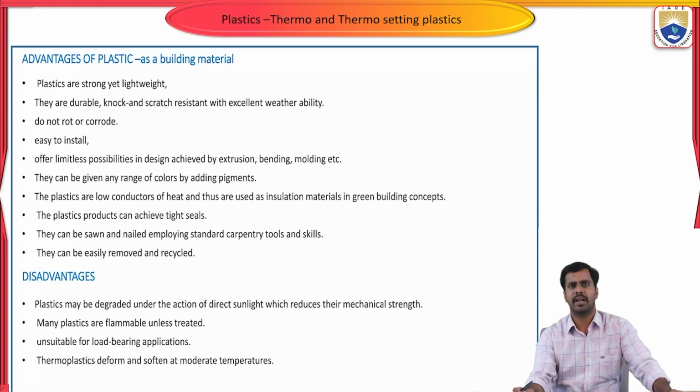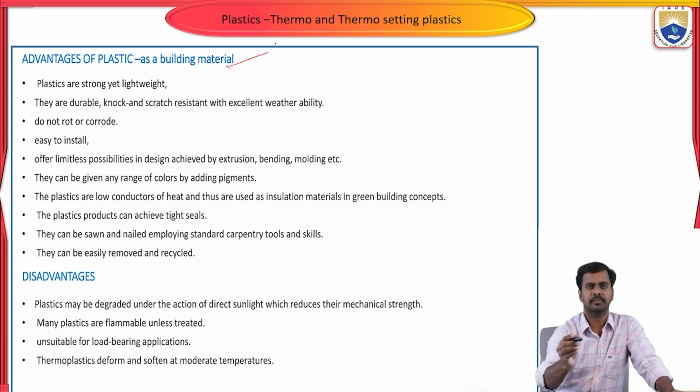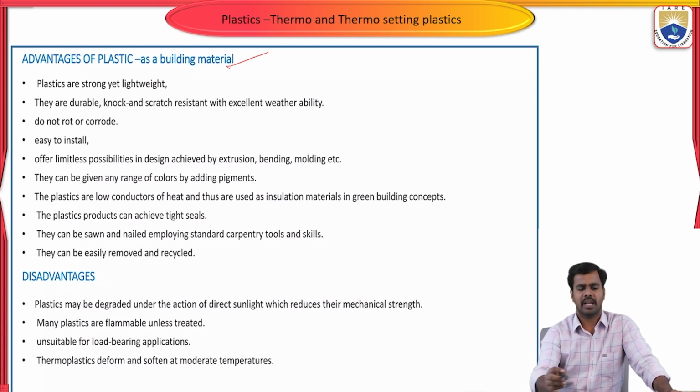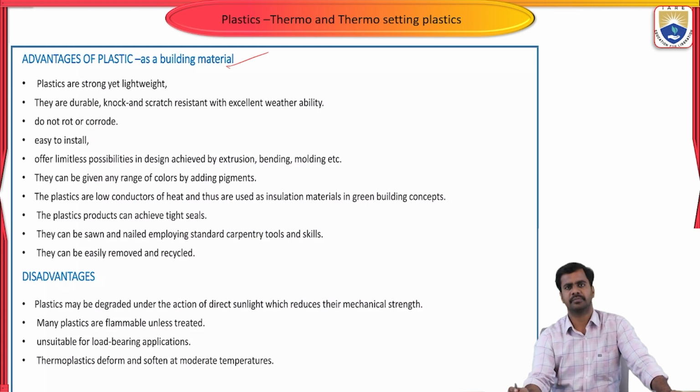Advantages of plastics as building materials. In some countries, houses are built and different types of plastics are used in the construction field. So what are the advantages? Let us see the advantages of plastic as a building material.